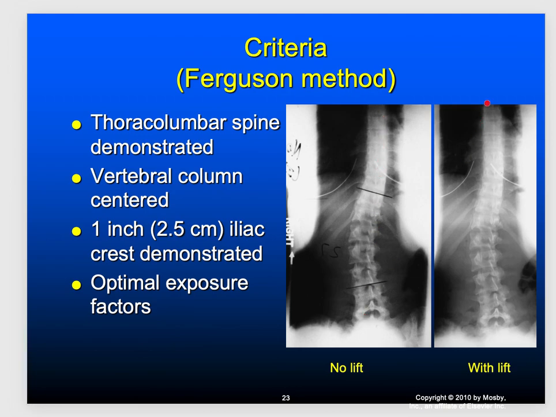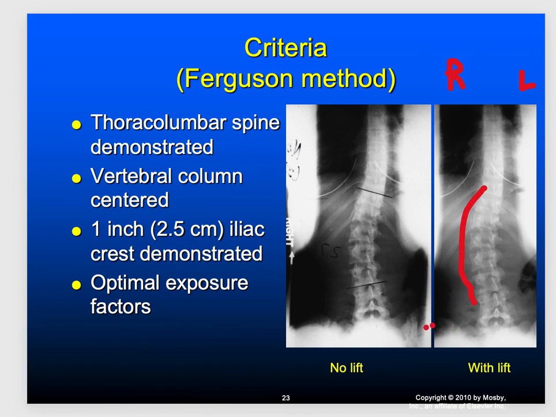Okay, so your spine comes down. You have convex over here. So if it was imaged PA, this is the left, this is the right. So you're going to put that block under the right leg.